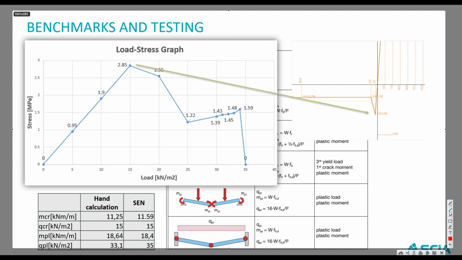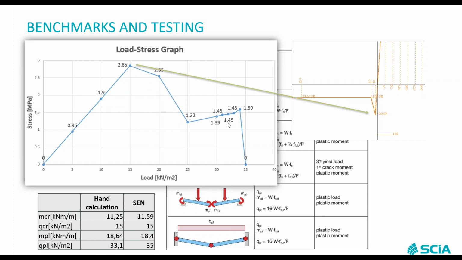Then we will go down like that, which is the representation of that part, and we will reach a stress value of 1.22, which is somehow close to 1.29. Then some stiffening will happen in the stress like that, so it is increasing until the failure. So I think the behavior of the material is quite nice based on the calculation of SCIA Engineer.